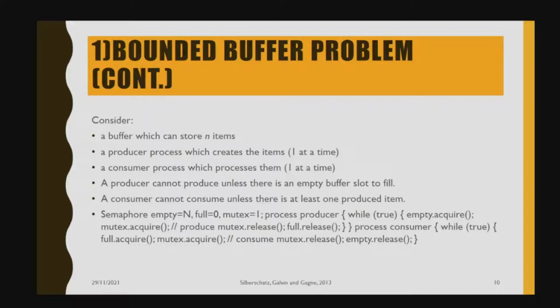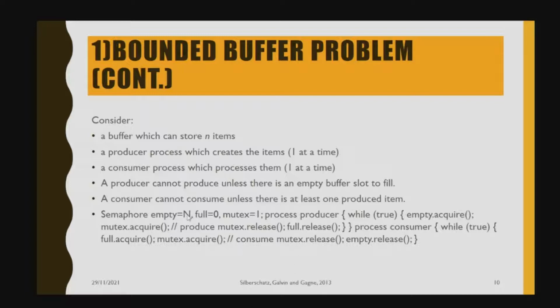A producer cannot produce unless there is an empty buffer slot to be filled in, so it needs to wait until there is an empty buffer, then it can fill in. And a consumer cannot consume unless there is at least one produced item. When the producer produces the item, then the consumer can only process it.